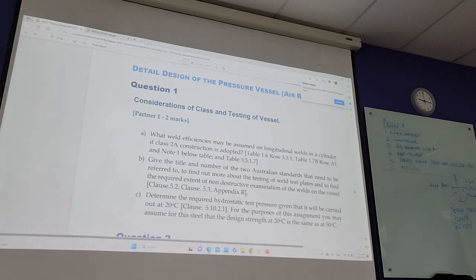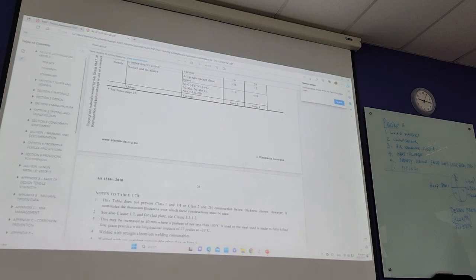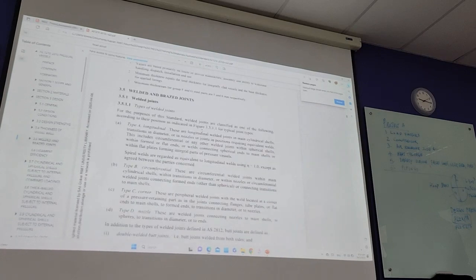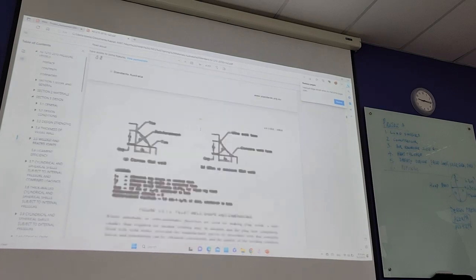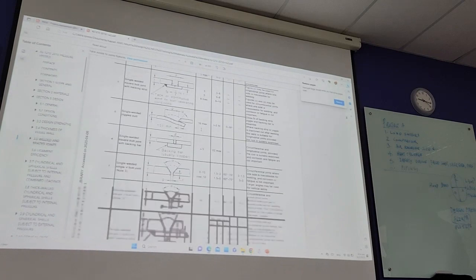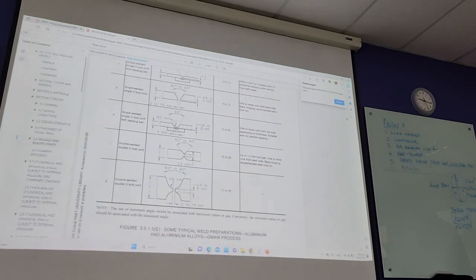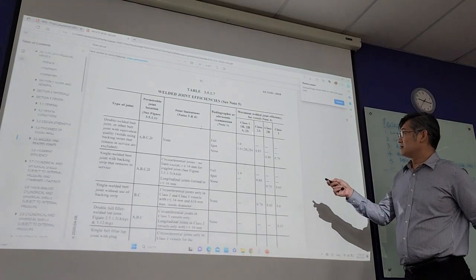After that, table 3.5.1.7. You can see another weld efficiency indicator here, class 2A.